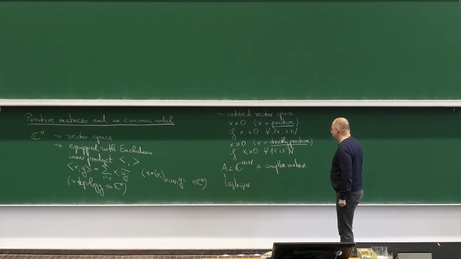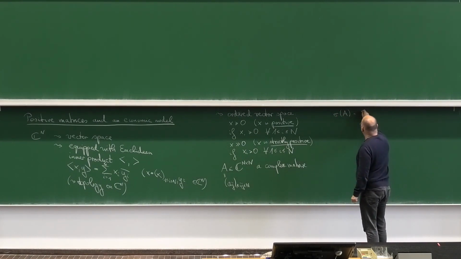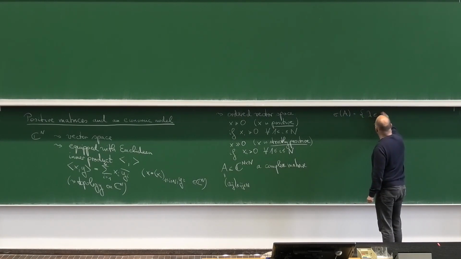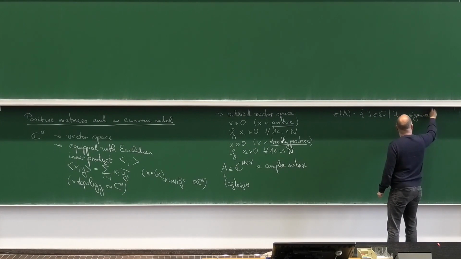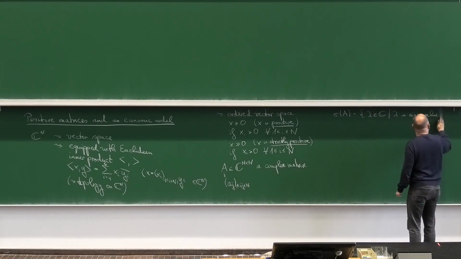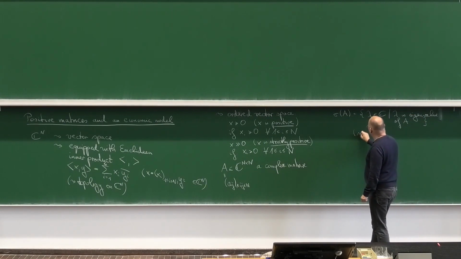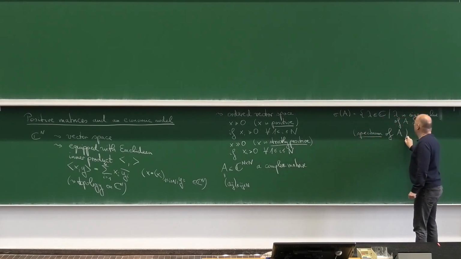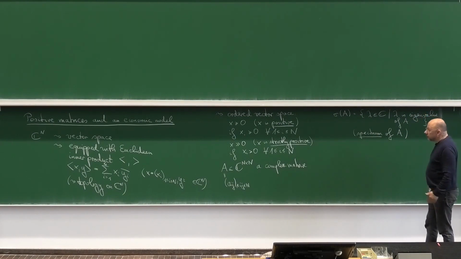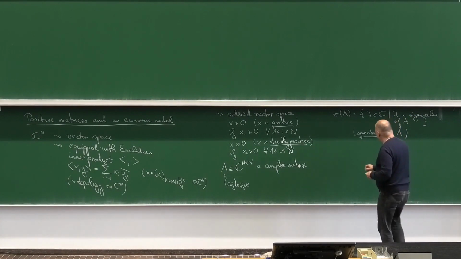For every complex matrix A, the spectrum of A is the set of lambda in C such that lambda is an eigenvalue of A. This is called the spectrum of A. And you should know that every complex matrix has up to n different eigenvalues.